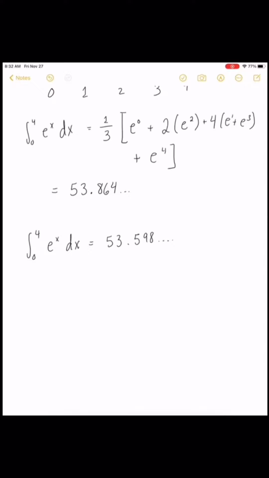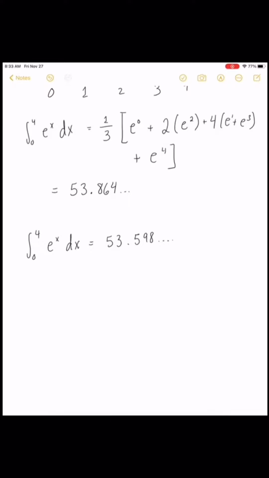And yet, even though we're only using information at 4 or 5 different nodes, we're getting a very accurate estimate, given that e to the x has so much slope, and such rapidly changing slope, and that we have intervals of length 1, which aren't even that small. So this is really nice.